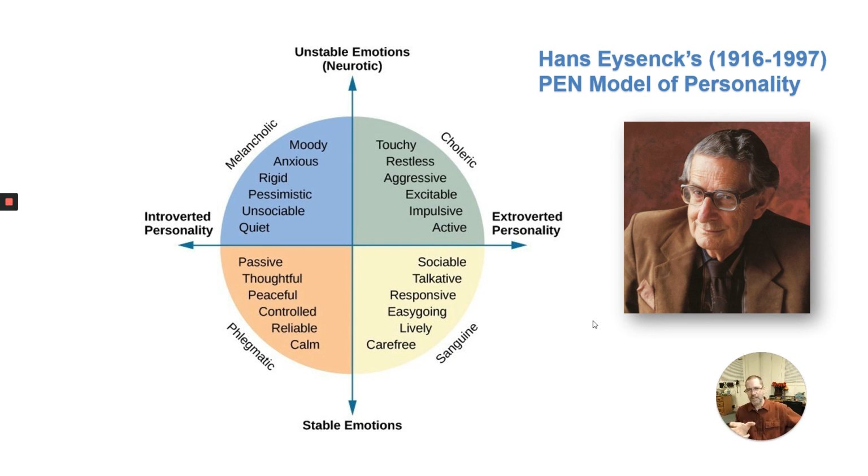Because remember, with the humanists, everything is material and therefore has material causation, or if you prefer, natural causation. So here's Hans Eysenck, with his dates, 1916 to 1997, and the PEN model of personality.